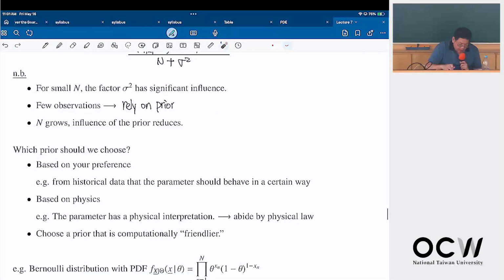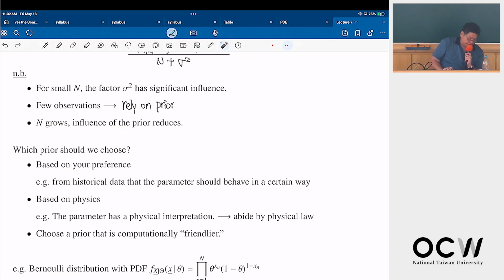You can base it on your preference from historical data, or on the physics that the PDF should satisfy, abiding by the physical law. Or you can choose a prior that is computationally friendlier. So what is that?